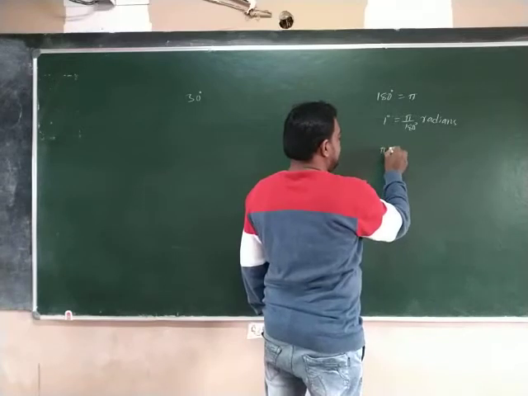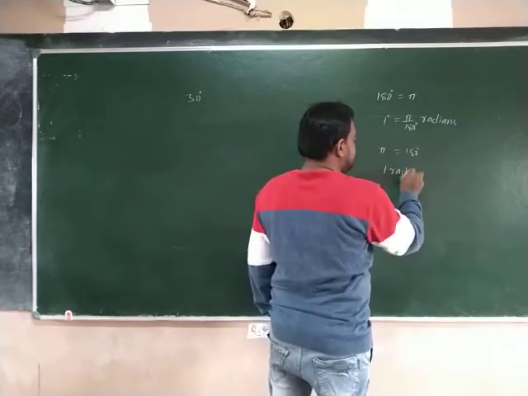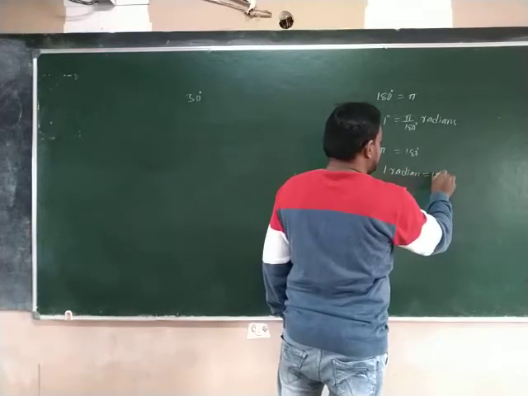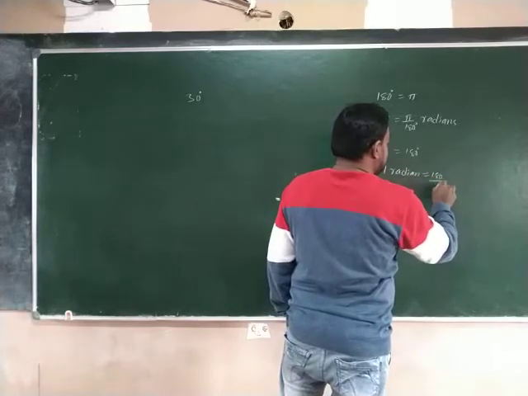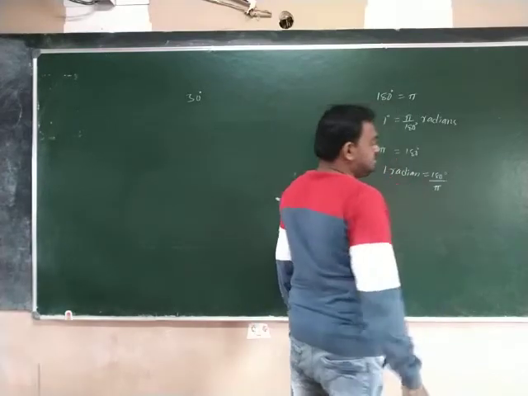And pi radians is equal to 180 degrees, then 1 radian is equal to 180 by pi degrees.